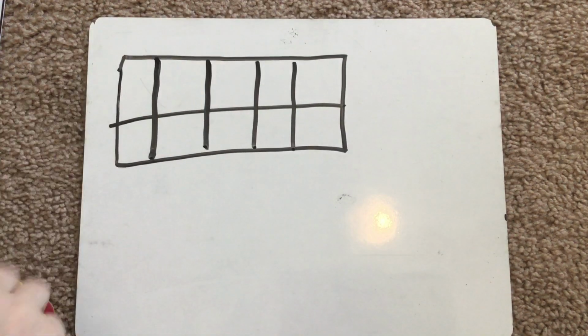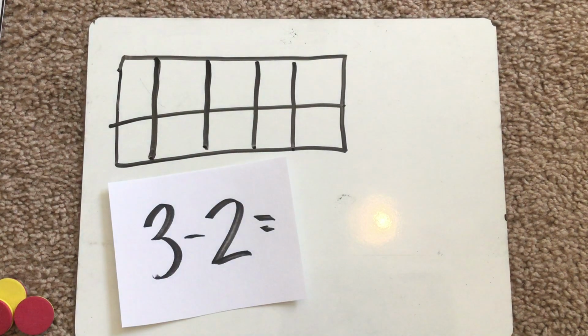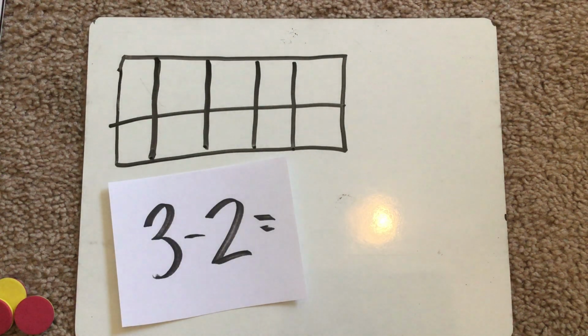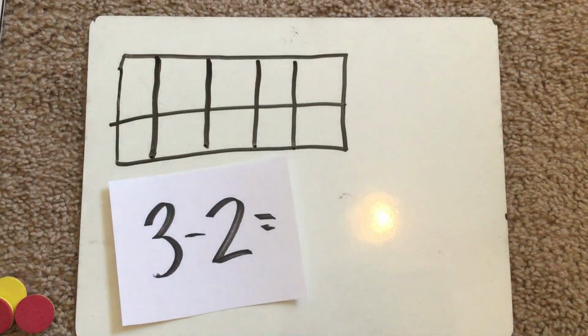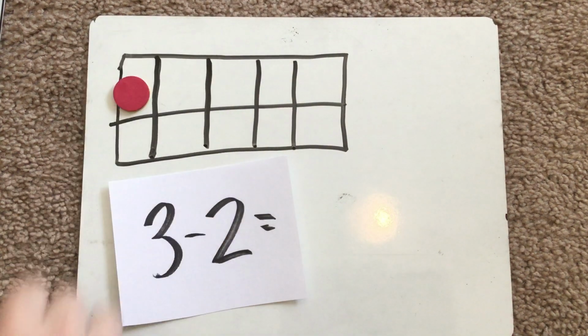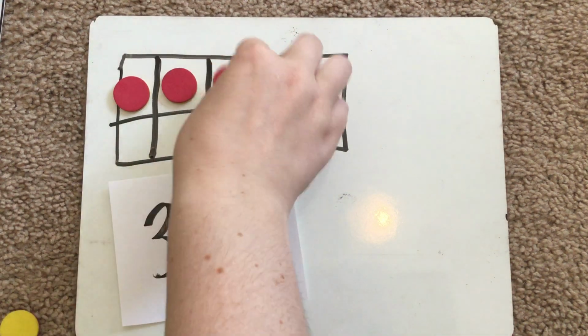All right, for this one, my equation is 3 minus 2 equals. 3 minus 2 equals. That means that I have 3. I'm going to take away 2, and then I'm going to see how many are left. So let me put 3 in my 10 frame. 1, 2, 3.